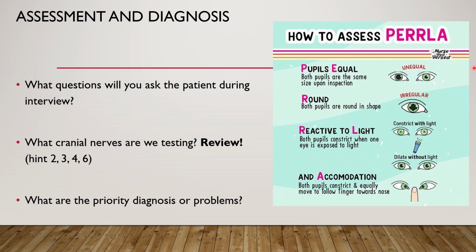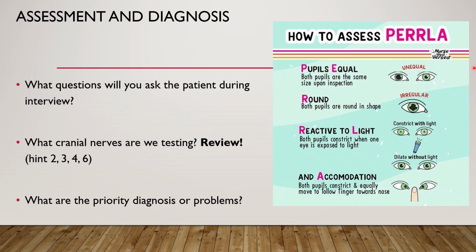You have 2 for optic, 3 for oculomotor, which is measuring your PERLA, 4 for trochlear. This is your eye movement down and lateral, so you have them follow the penlight down and sideways. And then 6 is your abducens. They're moving it laterally, side to side.